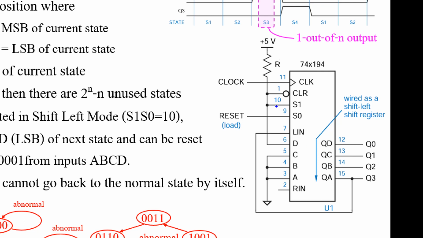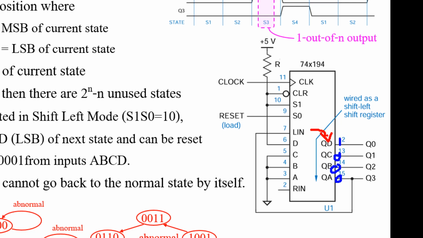And when you operate normally, you don't reset, so this input is 0. Then it becomes 1, 0, or shift left mode. The data will flow in this direction. Okay, you can check. For example, if I start from 0, 0, 0, 1, when the clock ticks, data will flow, right?